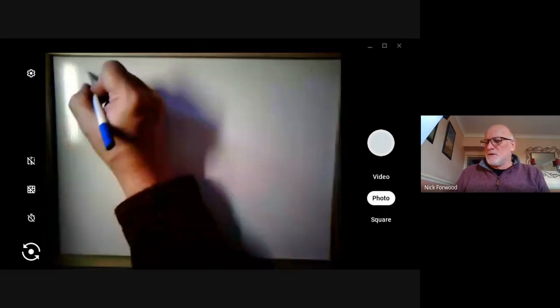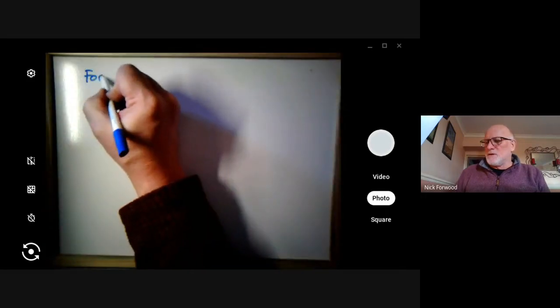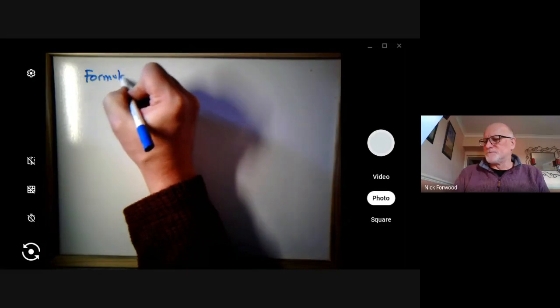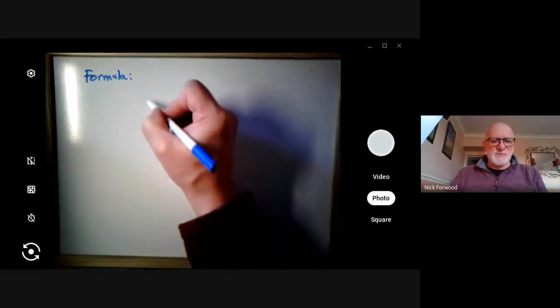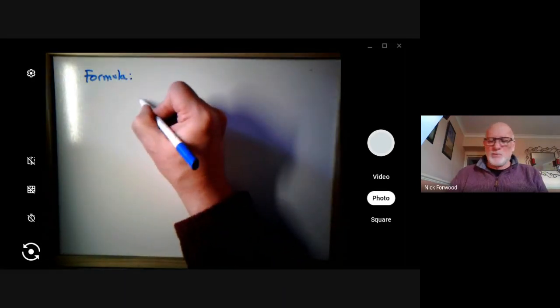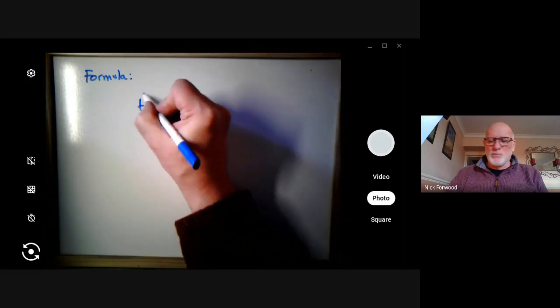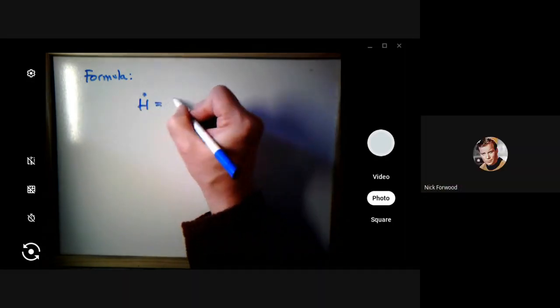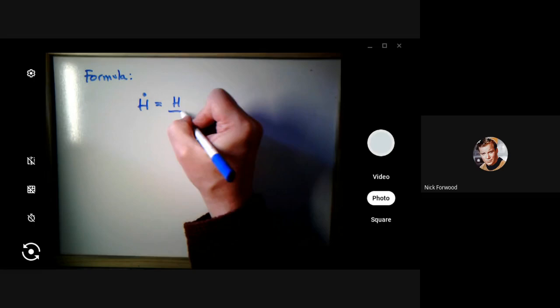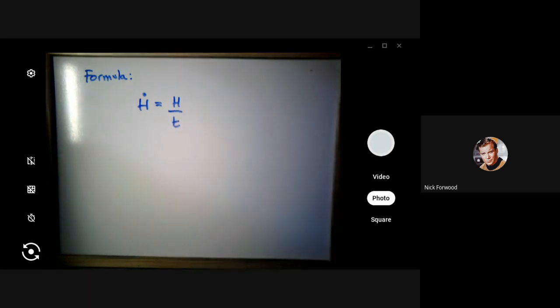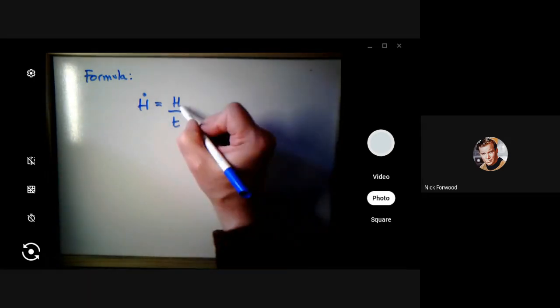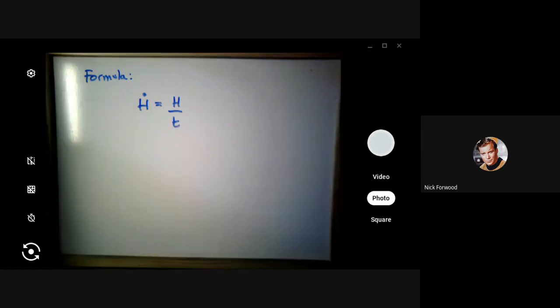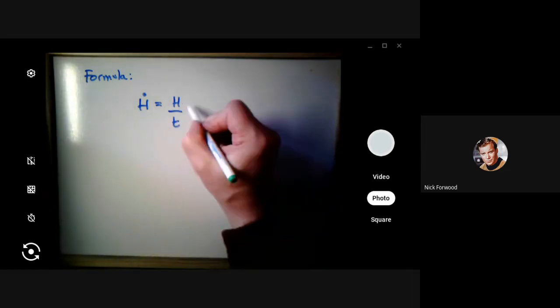Right, now there is actually a formula that goes with this. And I'm going to introduce you to the formula. And the formula looks a bit weird. This is equivalent dose. We've already met equivalent dose in the last lesson.